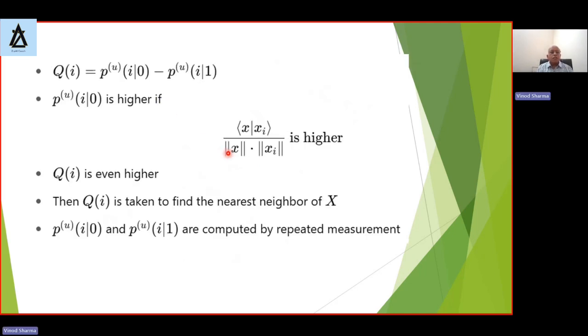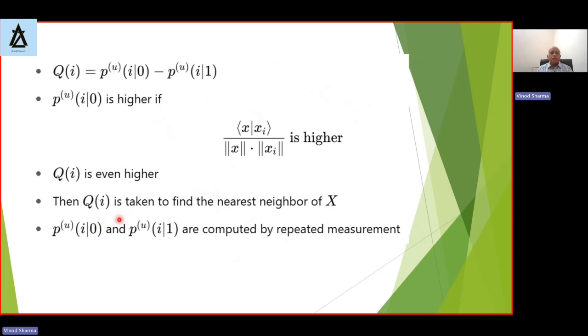is higher if the similarity of xi from this x observation is higher. And so that is one thing. And if you calculate Qi, then the corresponding Qi is even higher. And therefore, instead of choosing this, we pick Qi to get the observations xi's which are closest to the new observation x.